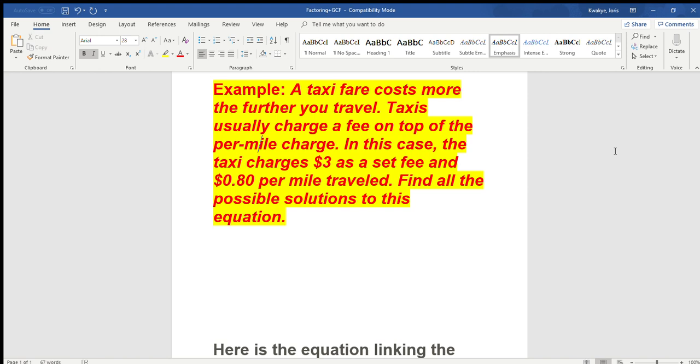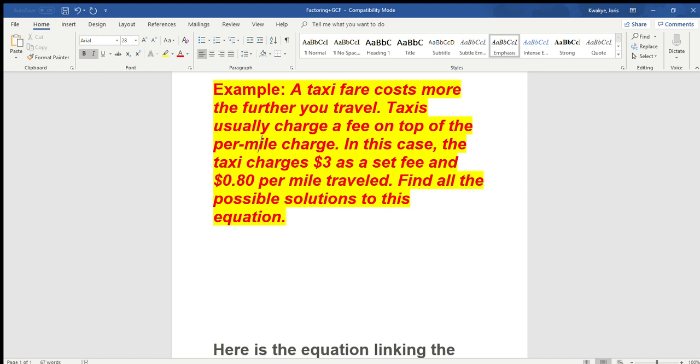So if you take the taxi for 2 miles, then you're going to pay $3 plus 2 miles times 80 cents, which is $1.60. So you end up paying $4.60, right?